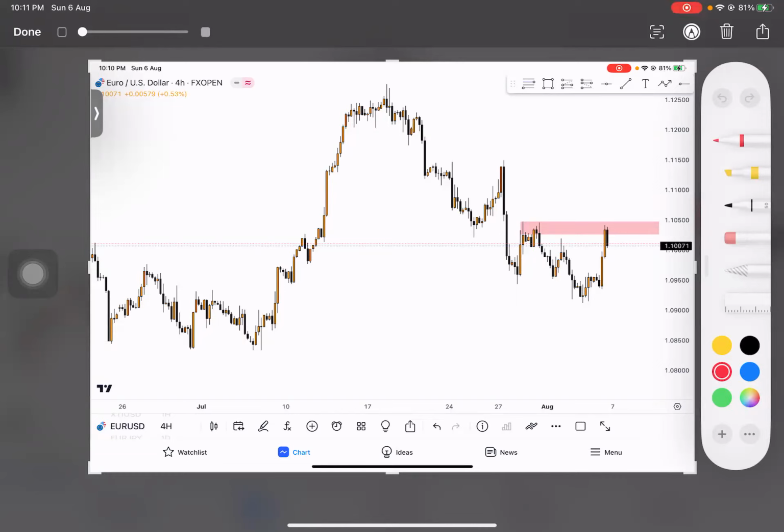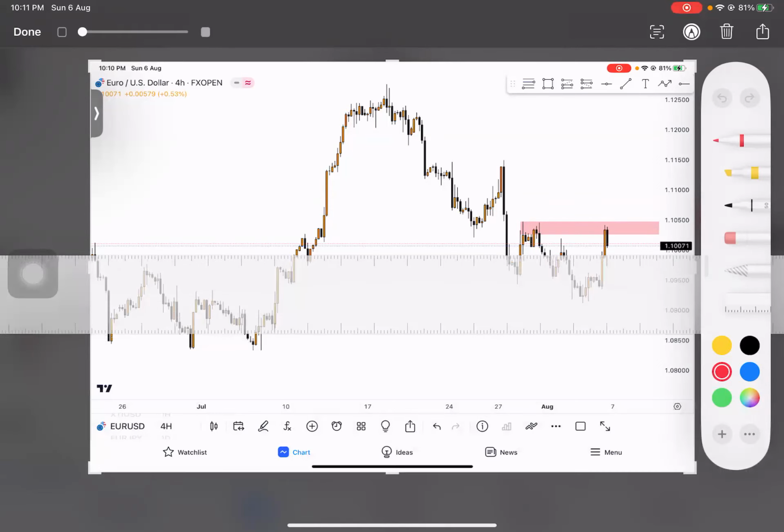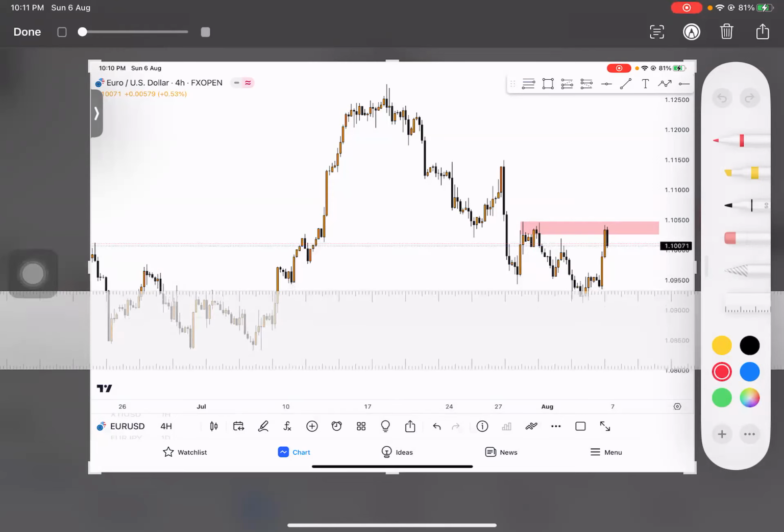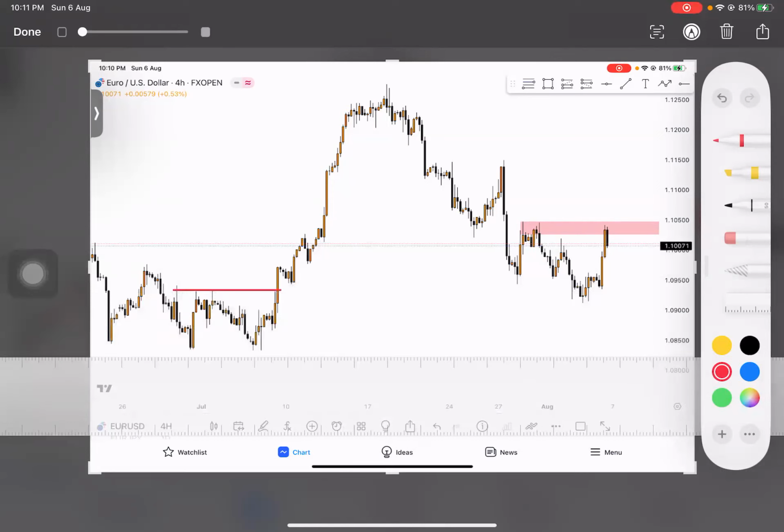We take this one. This is the previous lower high, right? After the breakout right here, this will be higher low, higher high, come back, higher low, higher high, higher low.